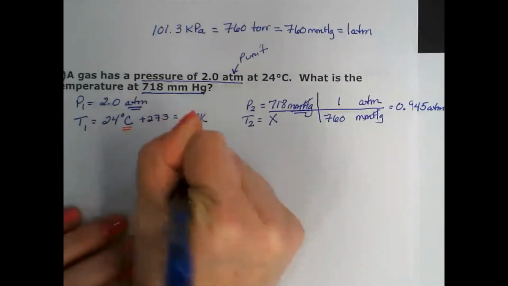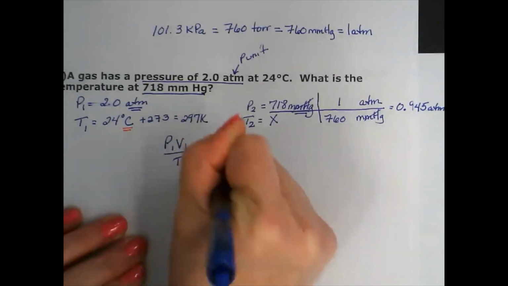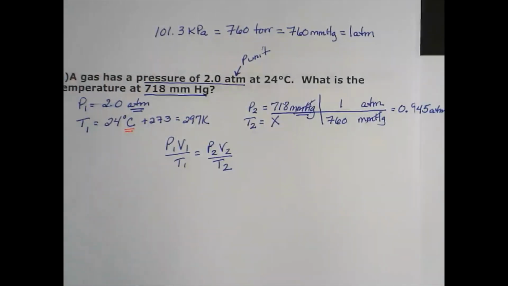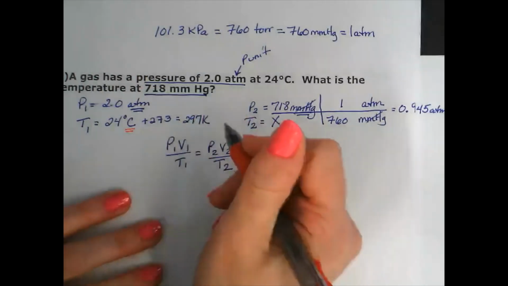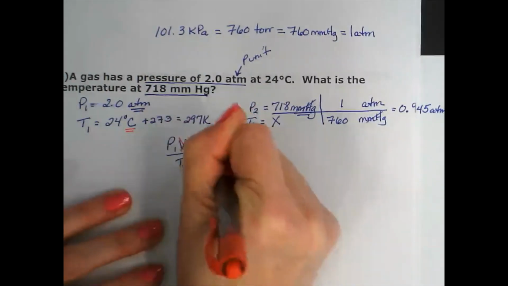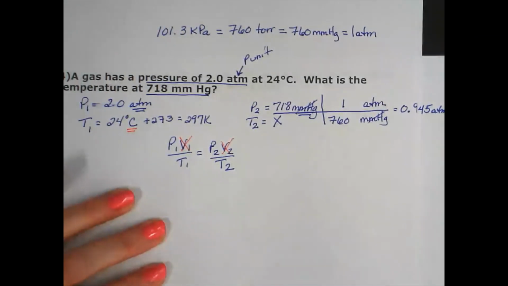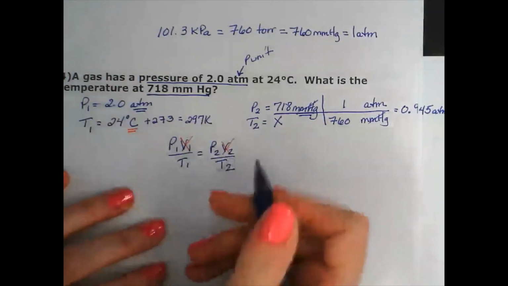P1V1 over T1 equals P2V2 over T2. What variable is not shown in our givens list? No volume. We don't have a V1 or a V2, so we just take them out of the formula, which tells us that the volume didn't change. It's not going to be a factor. And then we would plug the rest of the numbers in.